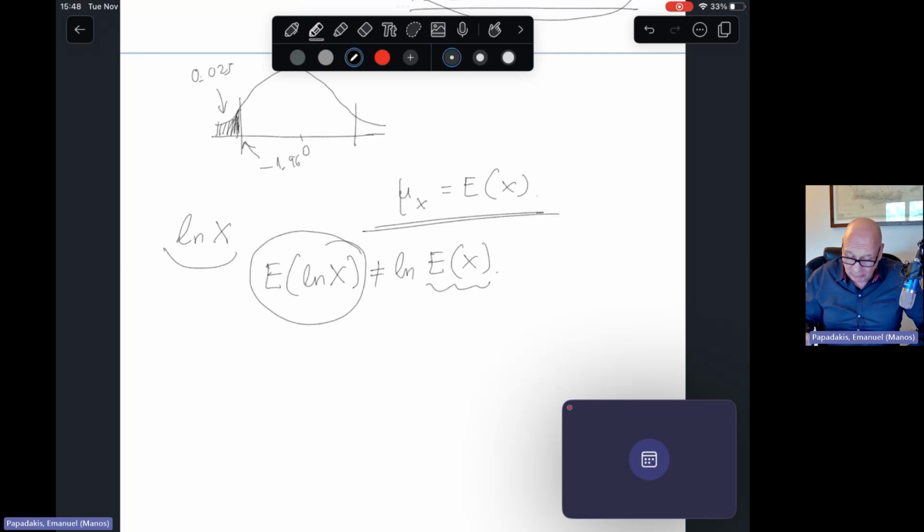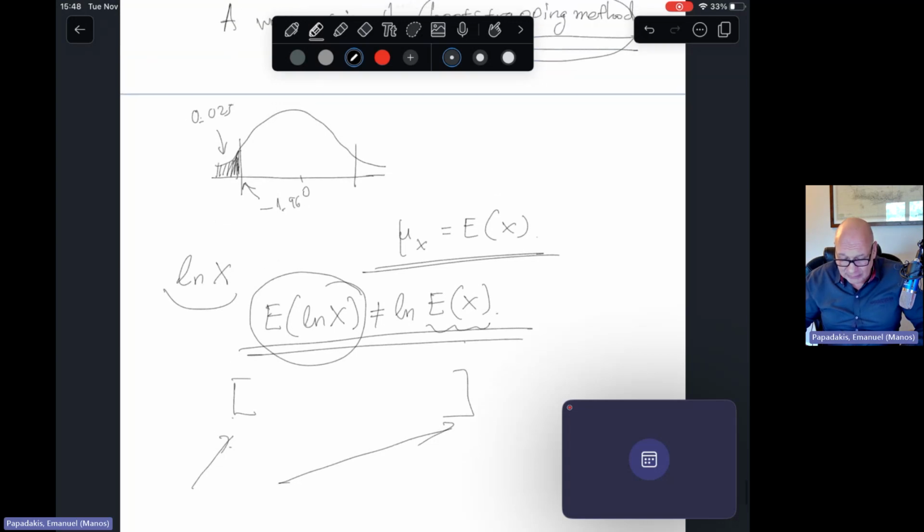And you can't say, oh yeah, the data have this mean, this confidence interval. Now, because this is for the logarithm of the data, I will take the exponentiation and I have the confidence interval for the mean of x. No, that is not going to work simply because of this particular inequality.